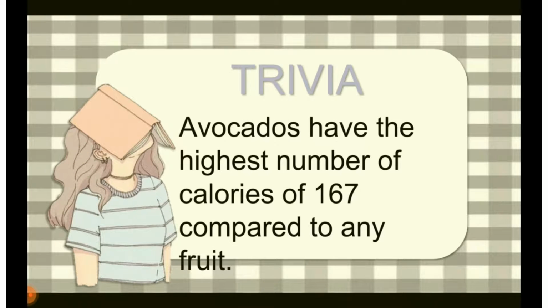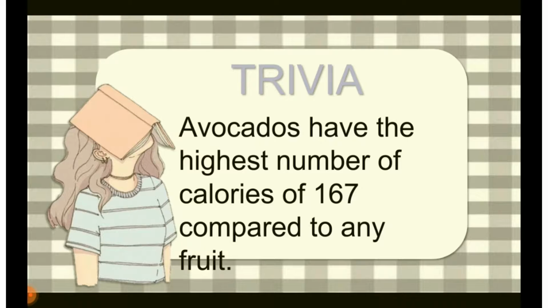So, trivia: avocados have the highest number of calories, 167, compared to any fruit. So avocado is part of a diet. In the keto diet, if I'm not mistaken, when fasting, avocado is the best option aside from apples, oranges, and banana. I don't eat avocado much. When I'm on a diet, what I really eat is just banana, oranges, and apple, like a snack.